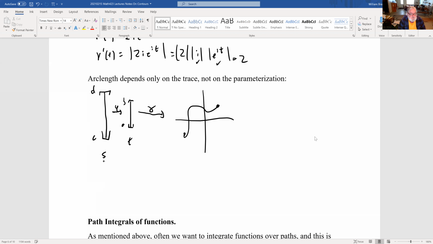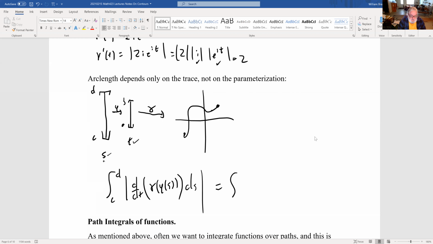We can think of this set here as being either involving a t or being s. So the arc length in terms of s from c to d is the integral of the derivative of gamma of phi of s ds.